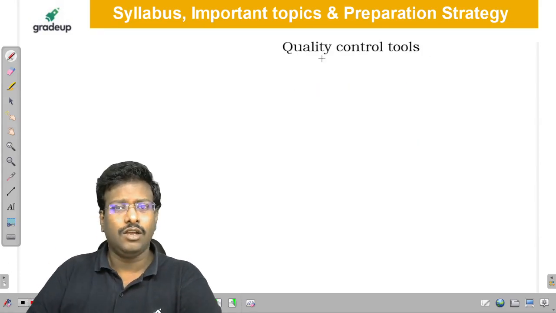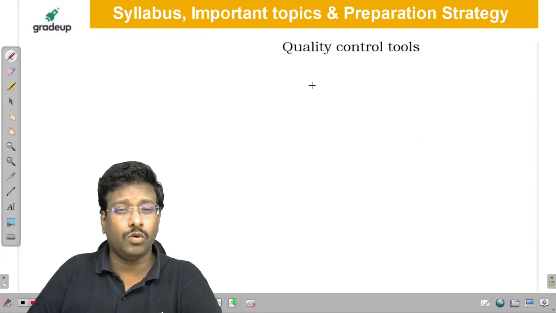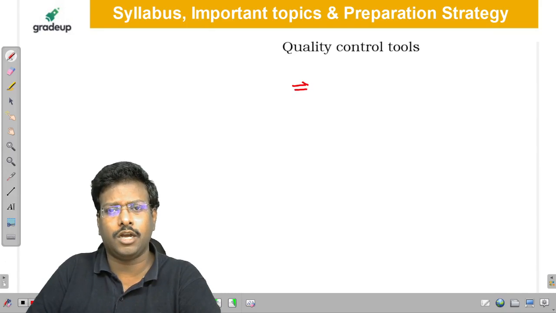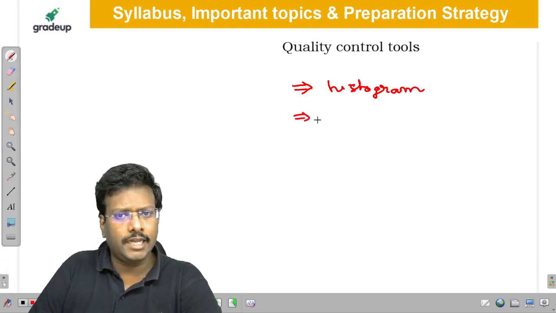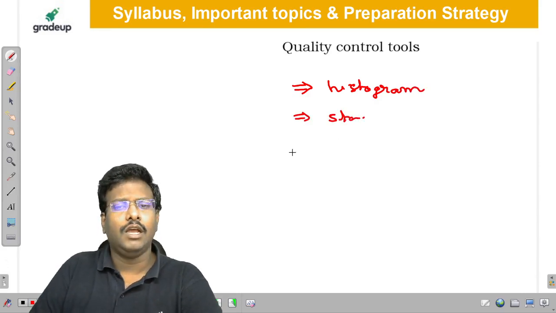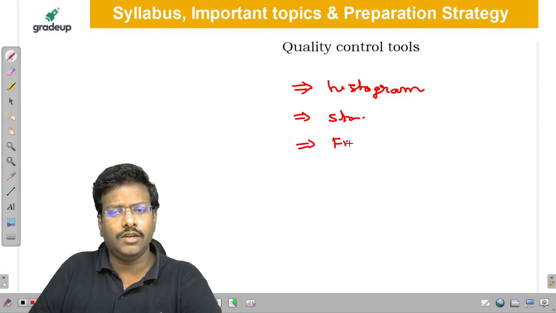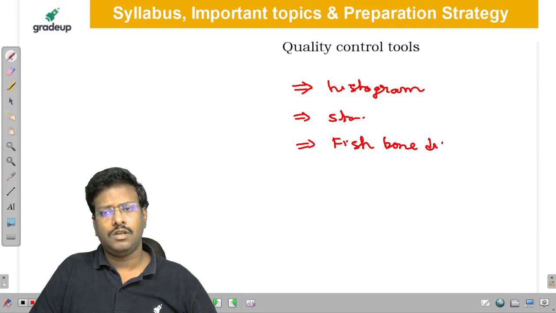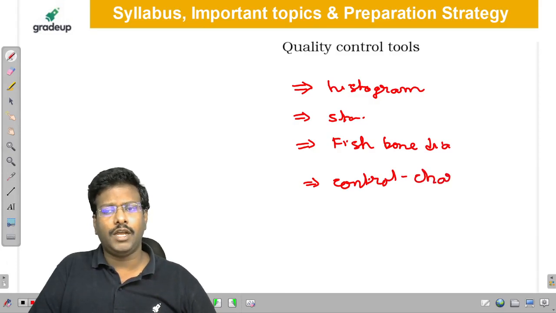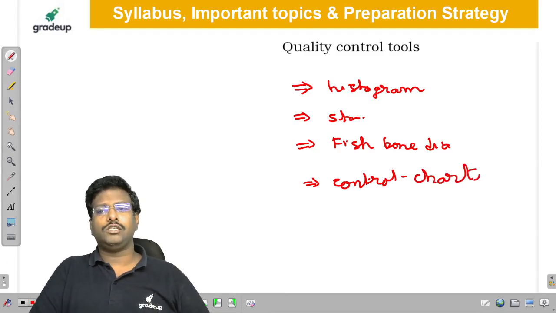After that, quality control tools. Majority of the time you come across the histogram, scatter diagram, and next one is the fishbone diagram, and control charts. We are getting questions from each control chart.